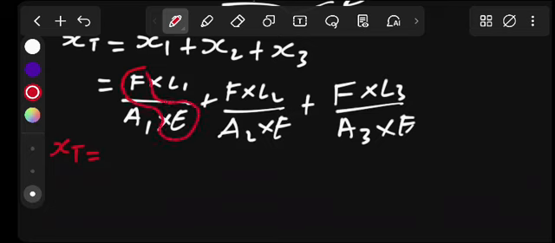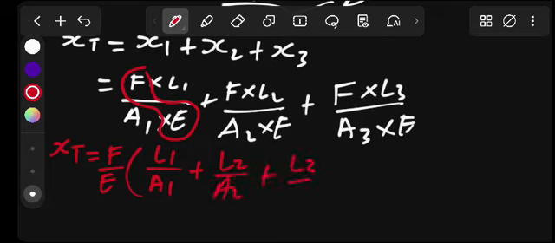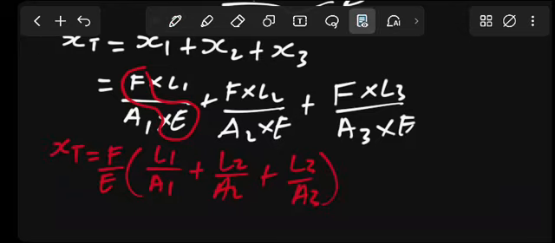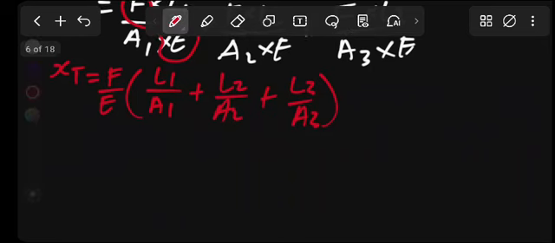I would have F over E. It will be L1 over area 1 plus L2 over area 2 plus L3 over area 3. So if you have this now, guys, you can do your things. What is the force?